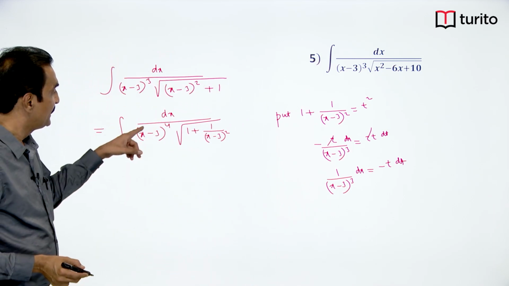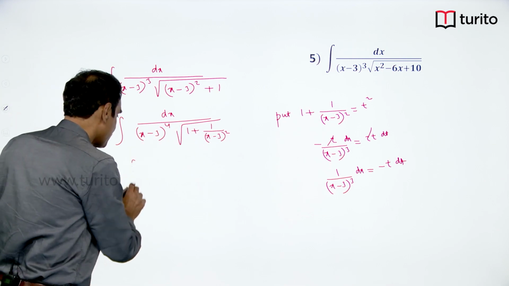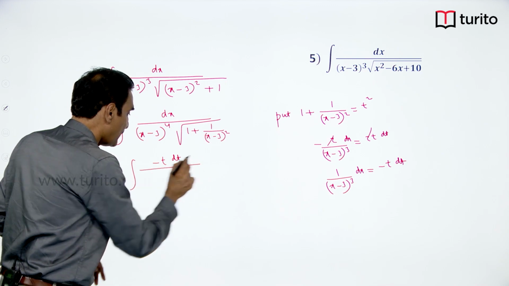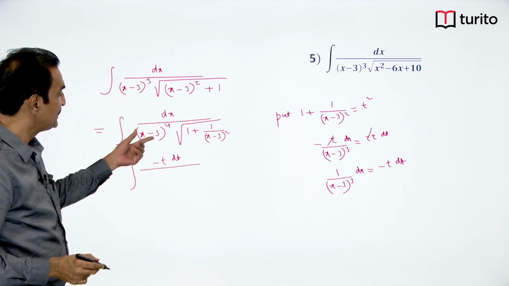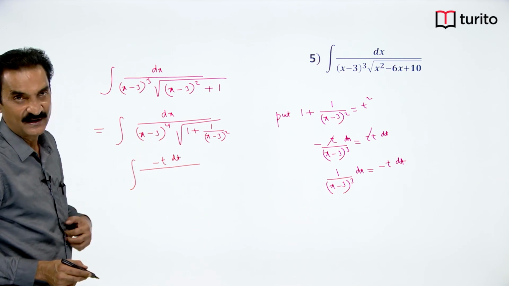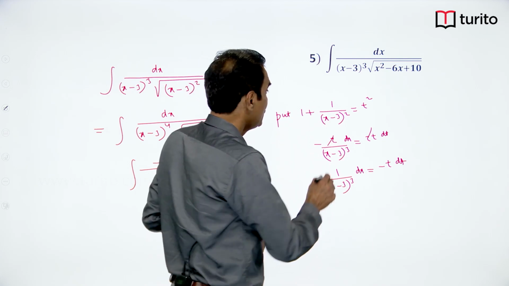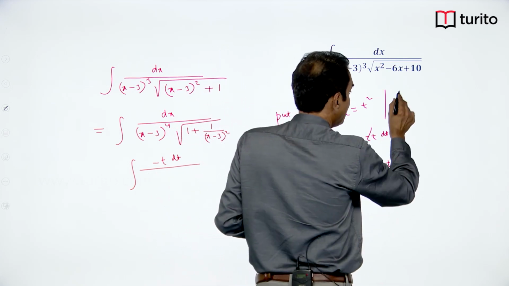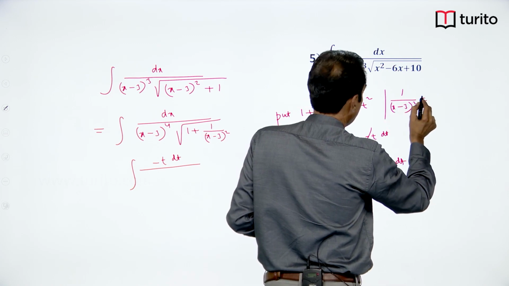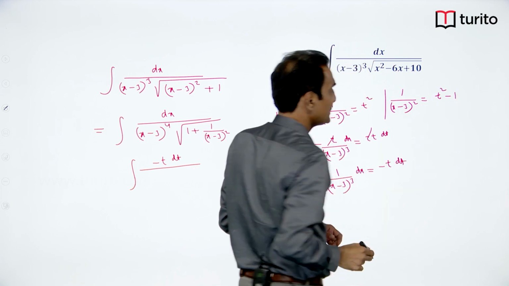Now 1 by (x minus 3) whole cube into dx becomes minus t dt by, what is the remaining denominator, x minus 3 into root over t square. What is x minus 3? From here 1 by (x minus 3) whole square is t square minus 1.